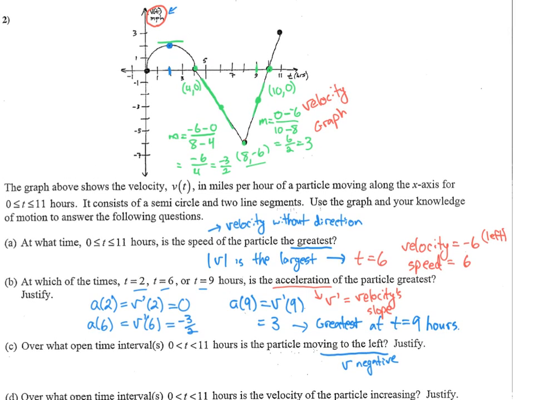So if you look at this graph, where is this graph literally living in the negative area, in the negative land? And that looks like it's happening over these time intervals. So it looks like the velocity is negative from 4 to 10.